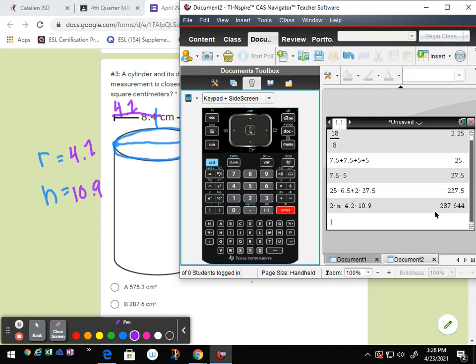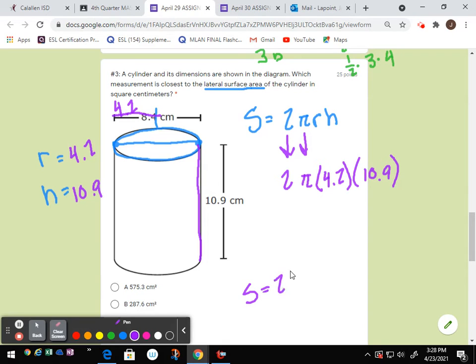We get 287.6. So surface area is equal to 287.6 centimeters. And since we're talking about area, our answer is squared, which matches answer choice B. B is our correct answer for number 3.